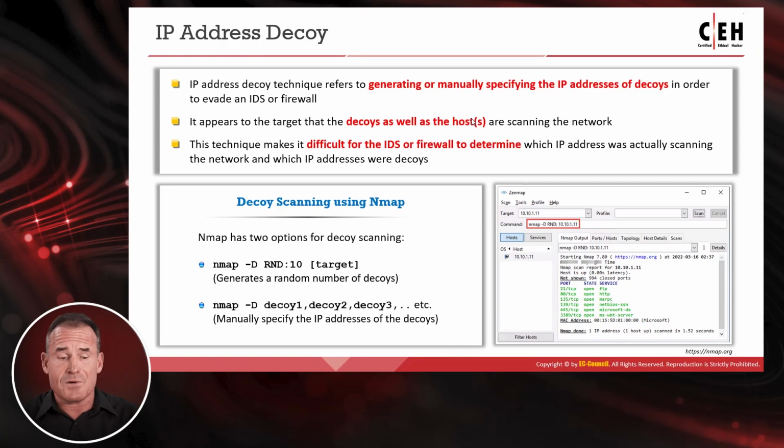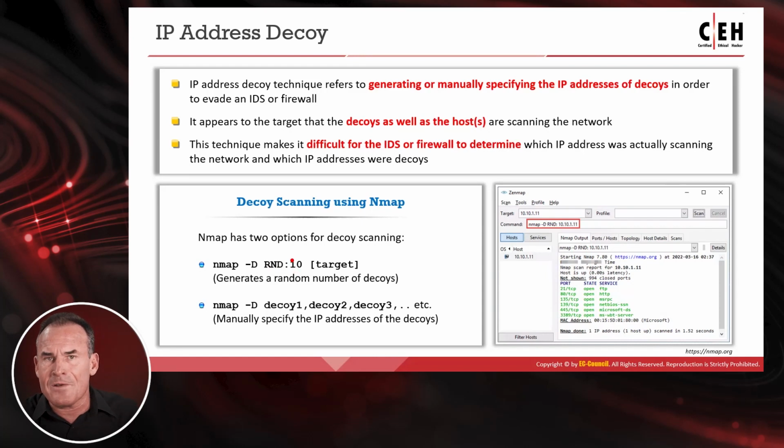Then there's IP address decoys. That's just like it sounds. A decoy is meant to distract or throw you off the path, covering your tracks by providing bogus IP addresses with your scan's address littered in there for randomness. So you're sending out a scan from 10 random hosts and your IP is actually one of those.